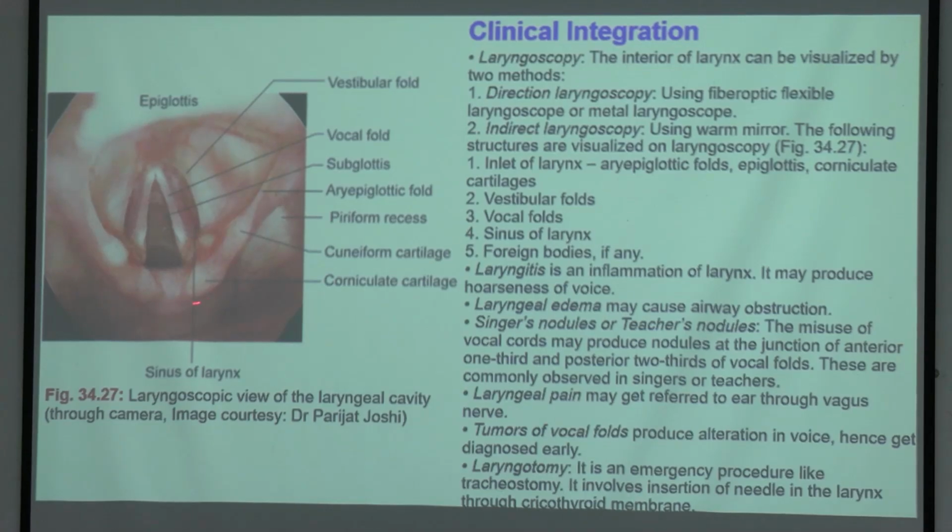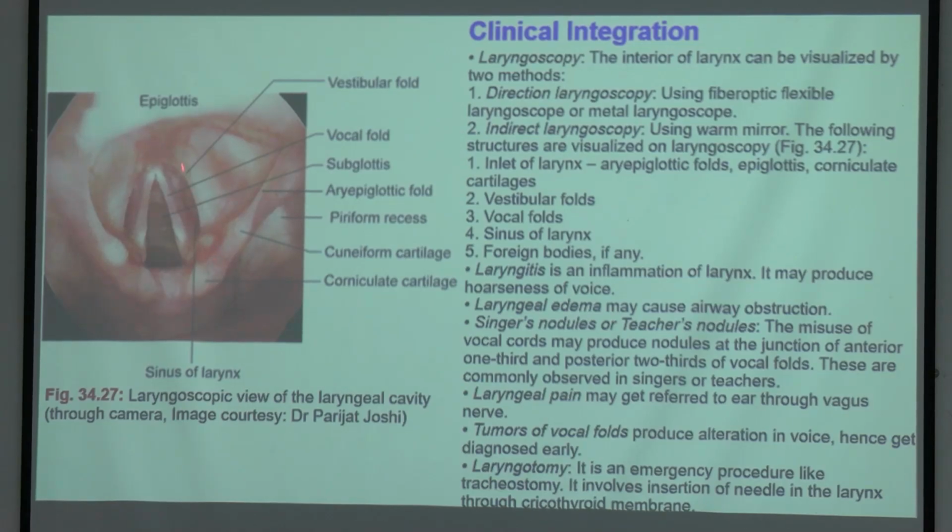We can find this cuneiform cartilage, corniculate cartilage, and here we get the arytenoid cartilage. So this is the arytenoid area, and this is the rima glottidis. Rima glottidis means in between the two vocal folds.